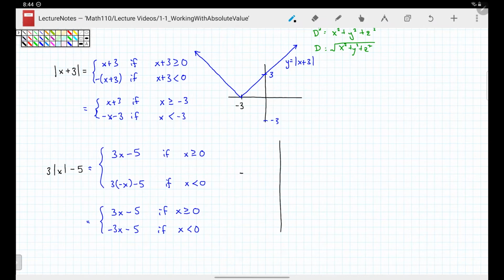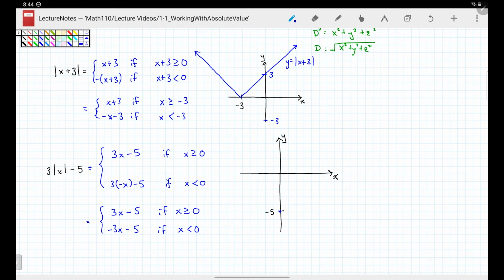I'm going to give some room down to negative 5. Here's x and y. We should put those here. So if x is positive, then 3x minus 5, so y-intercept of negative 5 and slope of 3.